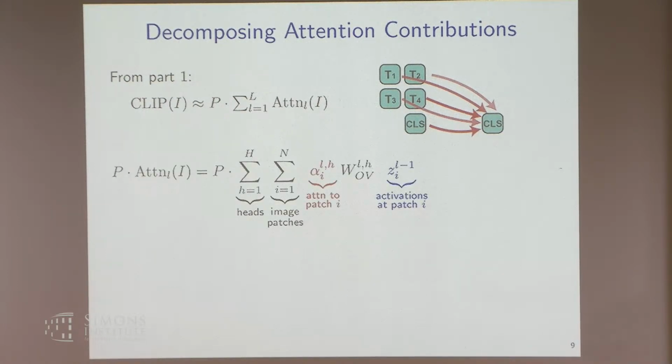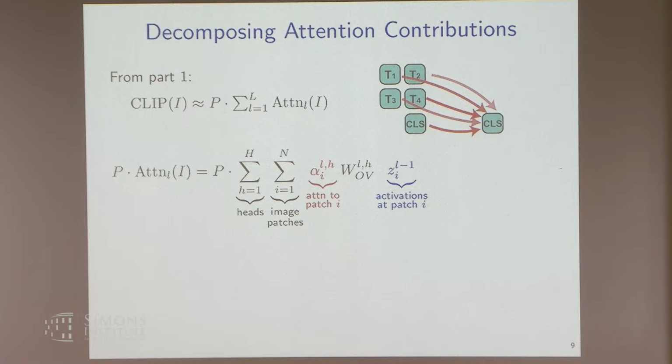So now we want to open up and say, what does an attention head actually do? We can take the sum over all the heads because things are additive across heads. Within a head, what happens is it takes a sum over image patches of the attention it pays to that patch.